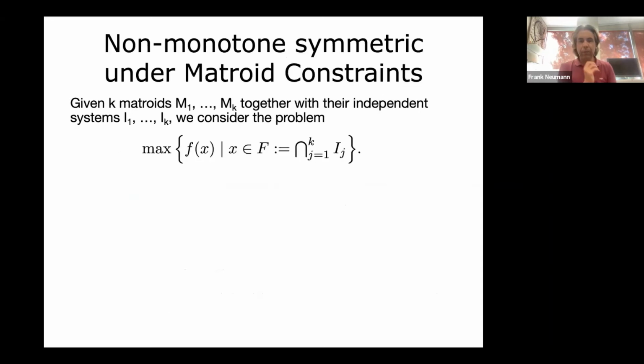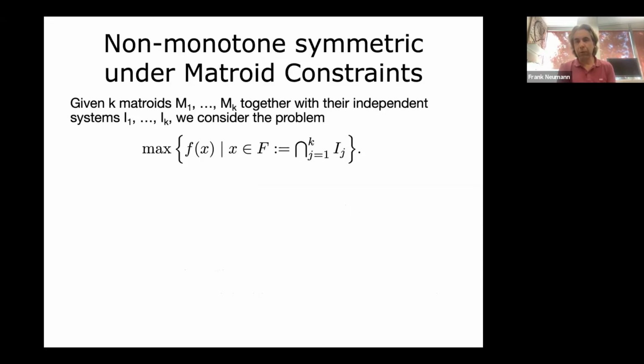All right. So the other one, and I just want to briefly touch on that, is when you're going away from monotone functions to non-monotone functions, then often the greedy approach doesn't work that well, but local search still works quite well, also for general settings.